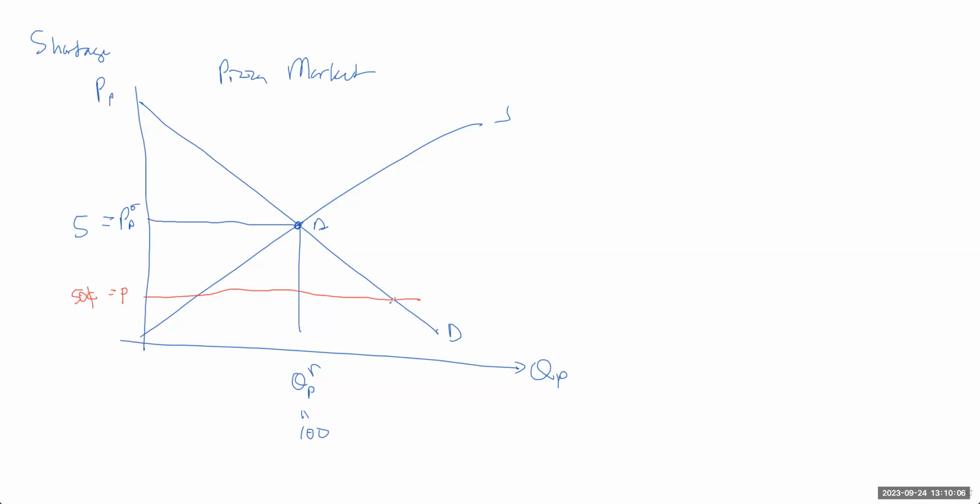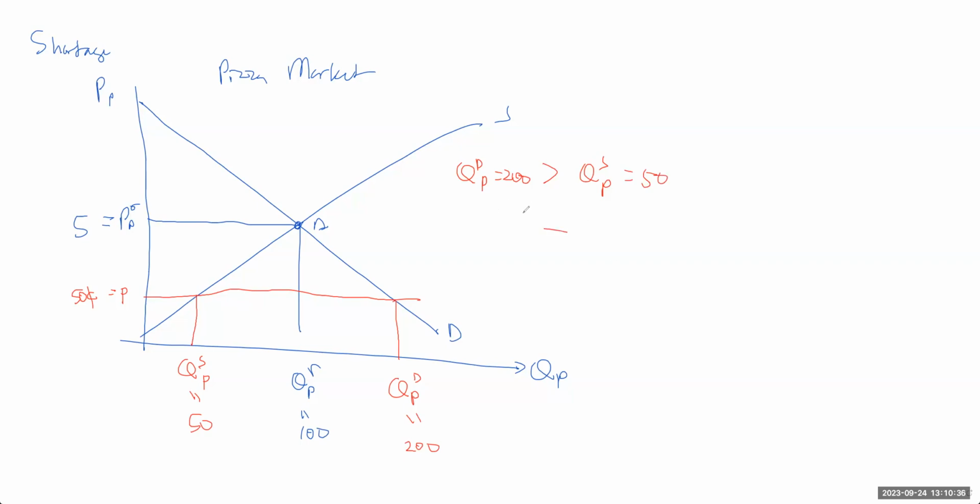In this case, everybody and their grandmother wants to buy pizza. Here's quantity demanded: it's 200 slices. No one wants to sell pizza. Pizza Hut, everybody wants to get out of the pizza market. Only hardcore sellers are selling, and they're selling only 50 slices. We see quantity demanded of pizza is 200, and this is greater than quantity supplied of pizza at 50.